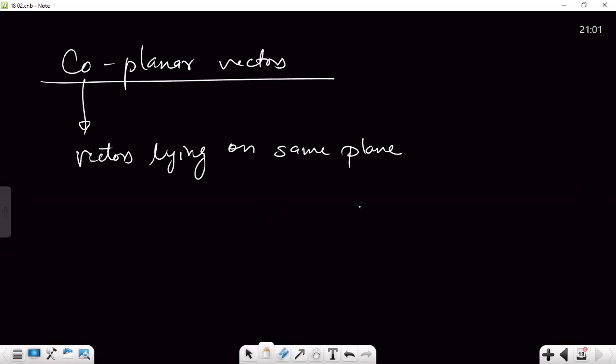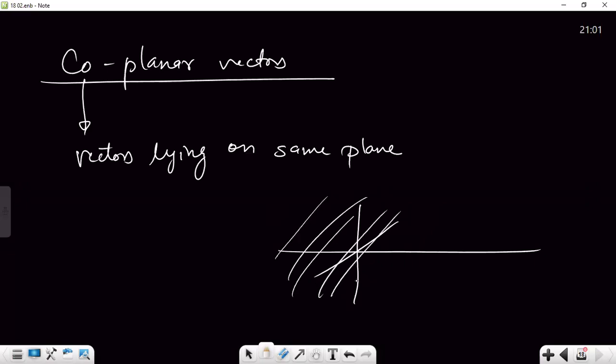So if this is a Cartesian plane, and a vector is lying in the xy plane only, xy plane is this plane, excluding the z component, then they are coplanar vectors.